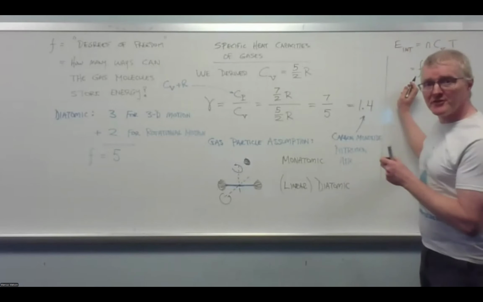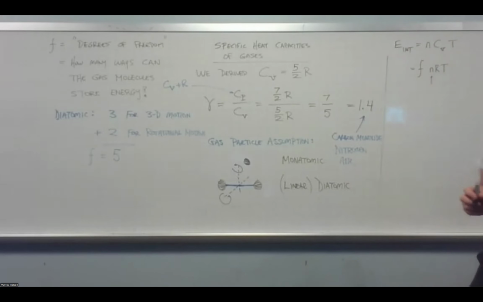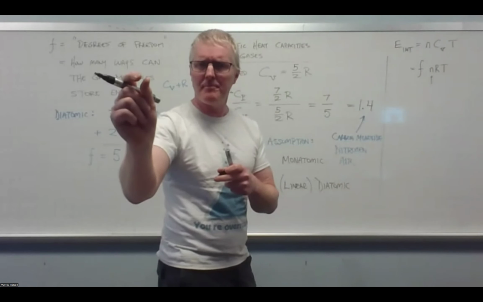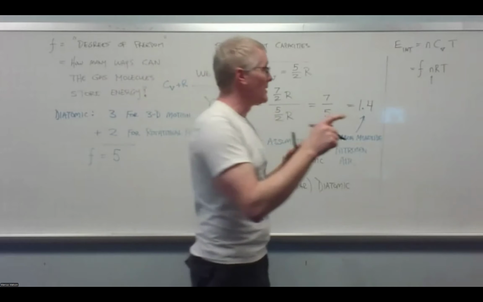Now, this is for a full sample, though. This is for some number of moles, right? What if I had just the single molecule or the single particle? You can go back in your notes and look at this.